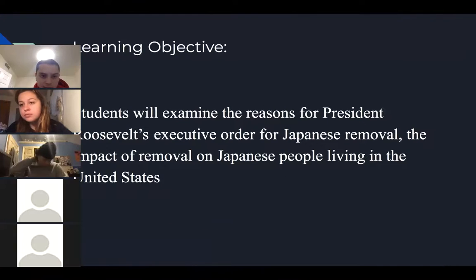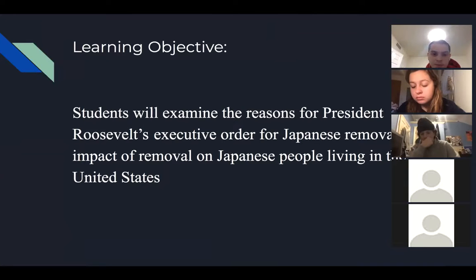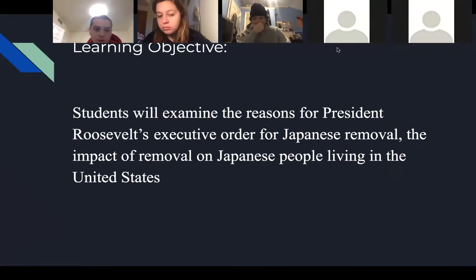In today's lesson, students will examine the reasons for President Roosevelt's executive order for the Japanese removal and the impact that this removal had on the Japanese Americans living in the United States.